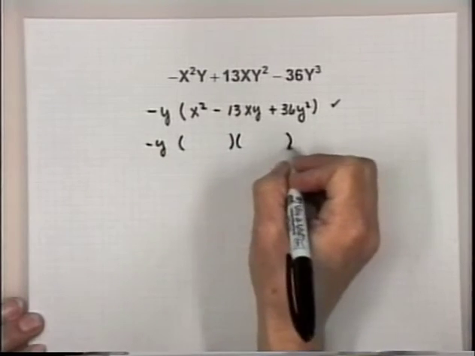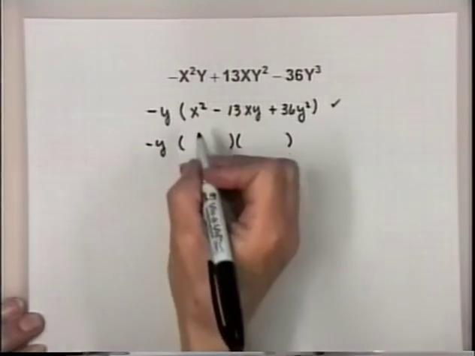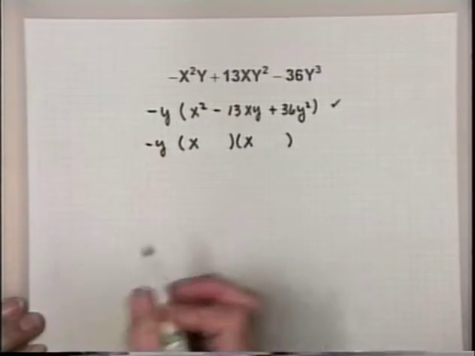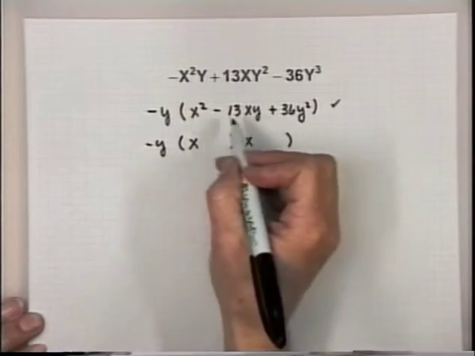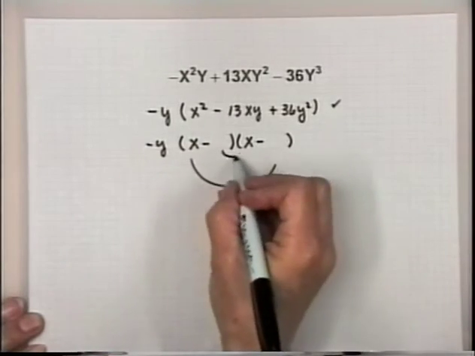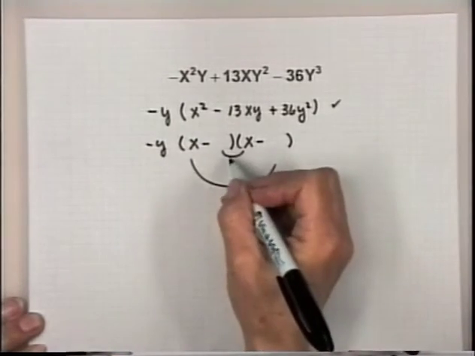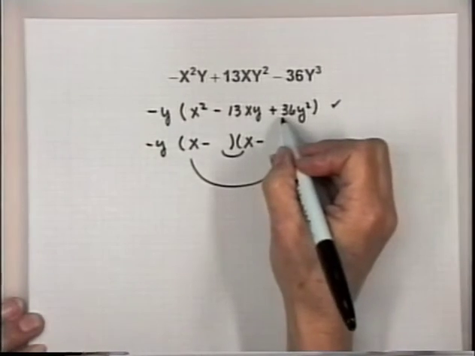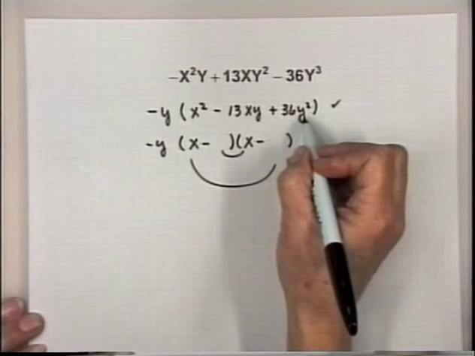Bring down your common factor of negative y. For your first term, you would multiply x times x. Notice we have same signs, both negative. Let's put those in. Our outside and inside product added together should be 13xy. We need to use factors of 36y squared.